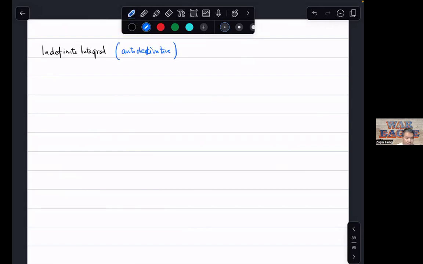And so the definition for that is the indefinite integral, we don't have lower and upper bound, of f of x dx. So this is equal to capital F of x plus a constant if F prime of x equals f of x. So this is basically a new notation for antiderivative, right?